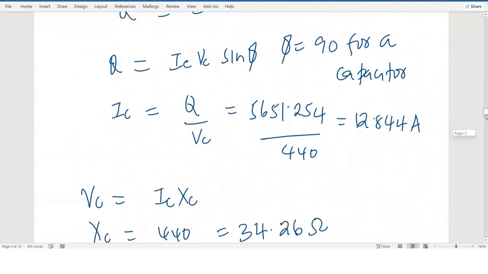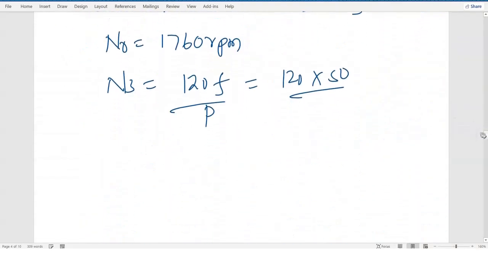So if the nearest speed is 1800, how many poles is this going to be? Remember, actually this is supposed to be 60. So 120 times 60 divided by P, for us to get 1800, if we divide it by 4 poles, this is going to be 1800 RPM.